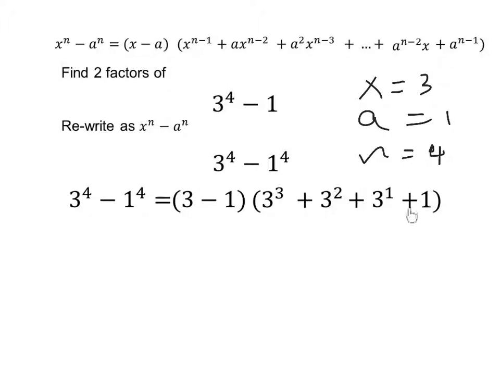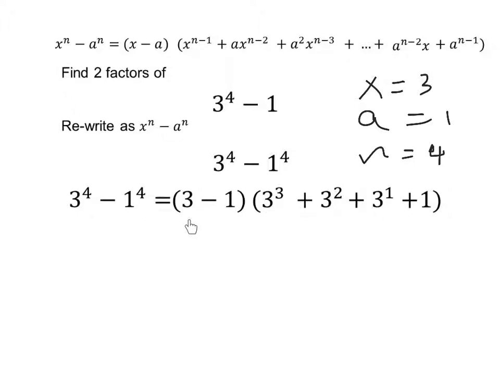So we just have the power of 3 going down. 3 to the power of 3, 3 to the power of 2, 3 to the power of 1, and then 3 to the power of 0, basically. So you start off by subtracting 1 from here, which is 3, and then you just go down on the values. If a is 1, this is just what you got all the time.